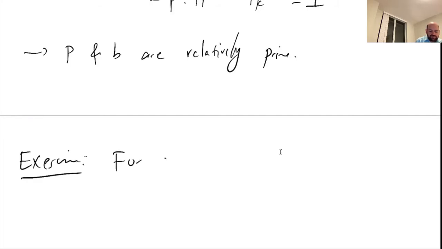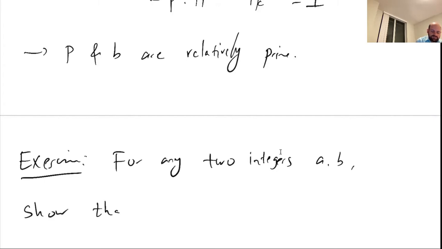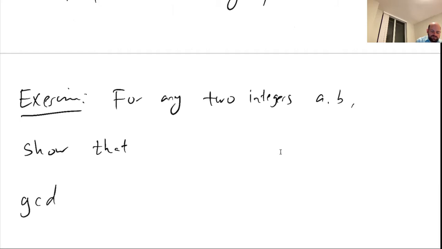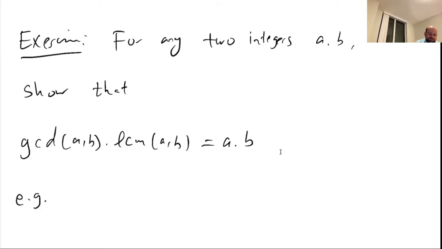For any two integers A and B, show that the GCD of A and B times the LCM of A and B is equal to A times B. So this is an interesting property: whenever you multiply the GCD and LCM, you get the product of A and B. So for example, if we take the example that we looked at before, A was 20, B was 30.